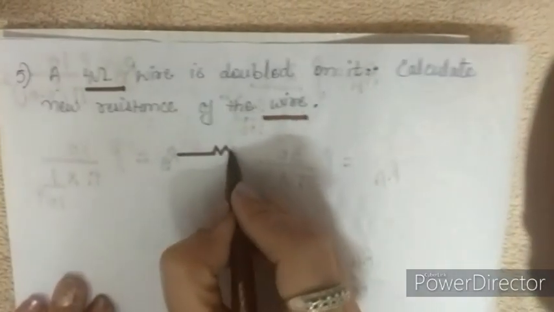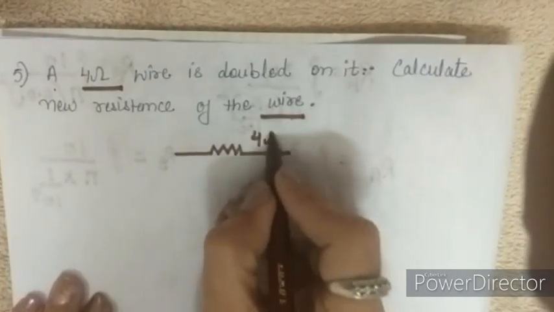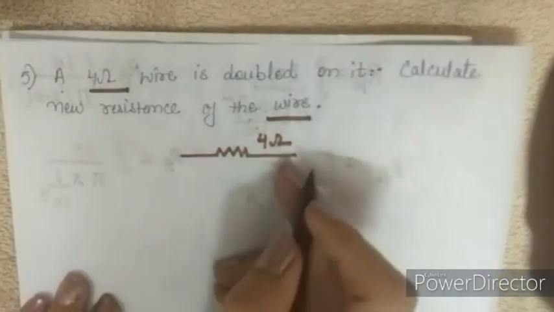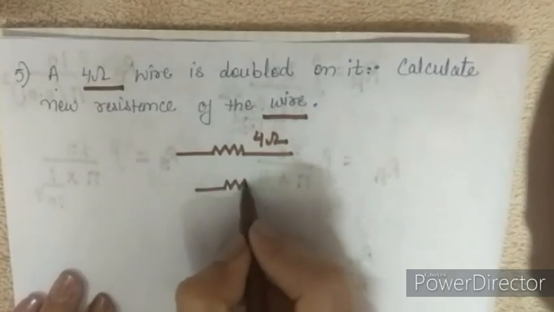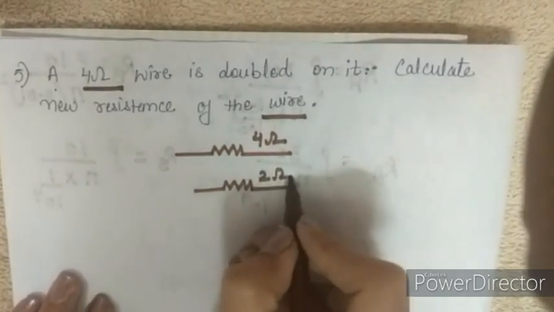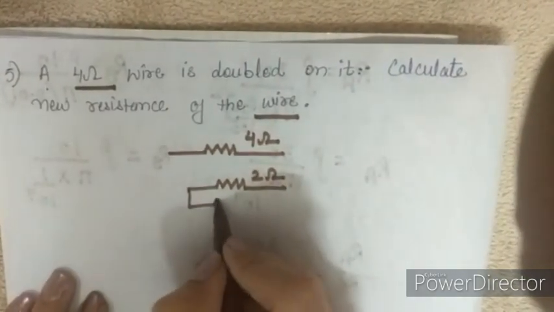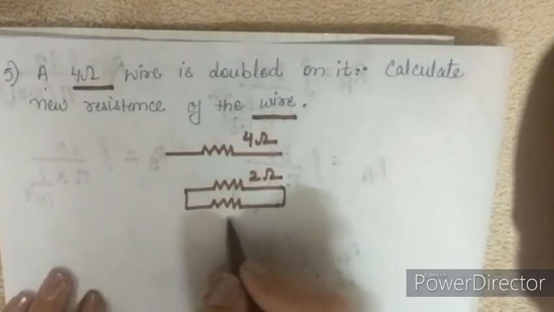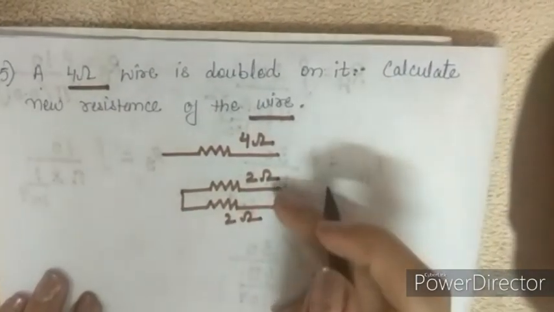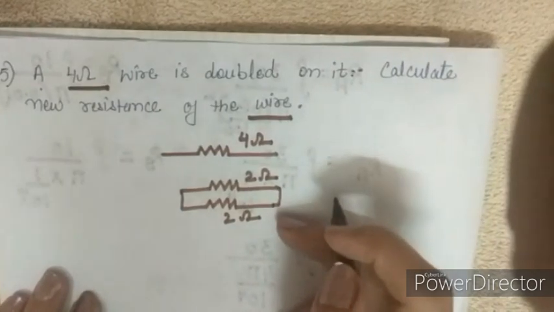So let's solve this. Let's suppose this is a 4 ohm wire. When I double it, the 2 ohm wire will move over here and the second 2 ohm wire will move down. Now these two are connected in parallel.